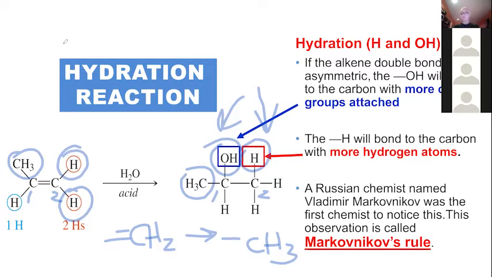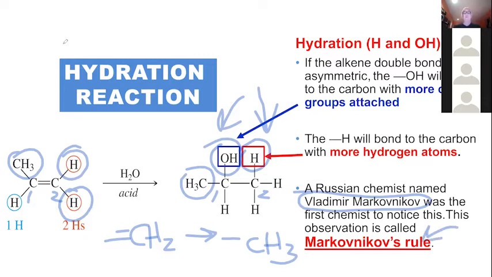But this just happens in solution by itself. And the first person to notice this was a Russian named Vladimir Markovnikov. He's given credit for noticing this, and he actually figured out why as well. And so we call this Markovnikov's rule.